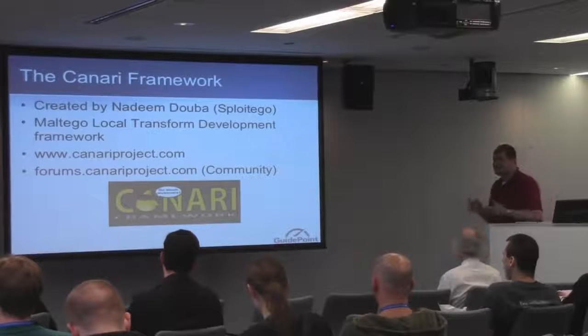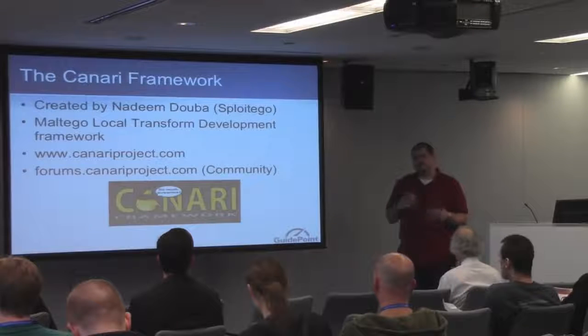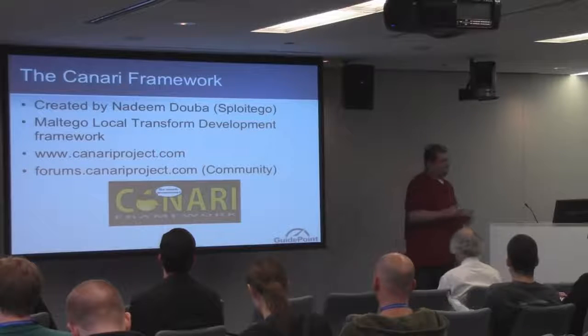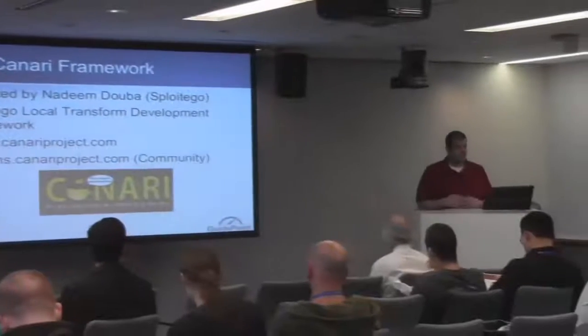There are several types of modules, Python modules and PHP modules, that help you write transform packs, right? My personal favorite is the Canary framework. It deals with all the output for you, right? Personally, I don't like XML.